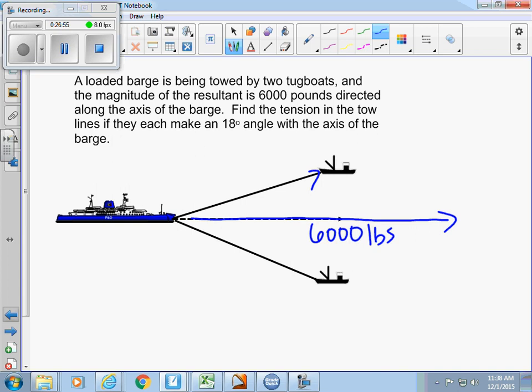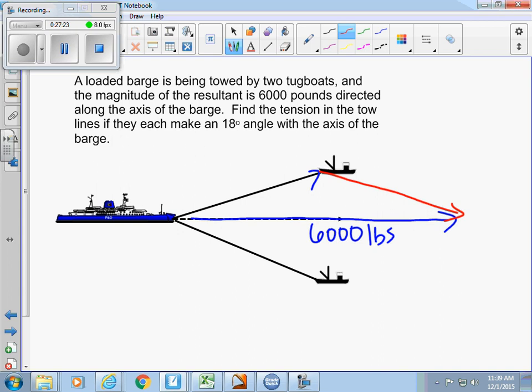What that means is that, tip to tail, I have this vector pulling this way and this vector pulling this way. If I put those tip to tail, and you agree I get something kind of like that, that would put me back on the axis. What I want to know is the tension, the pounds on each of the ropes.